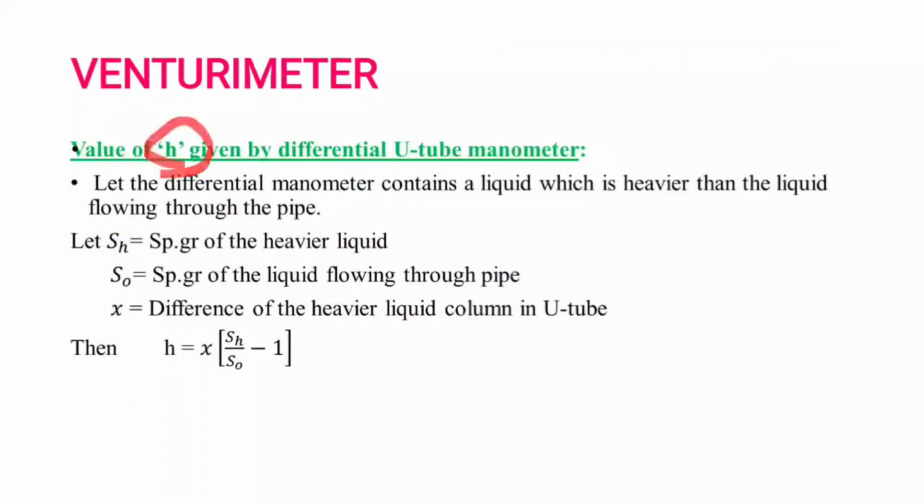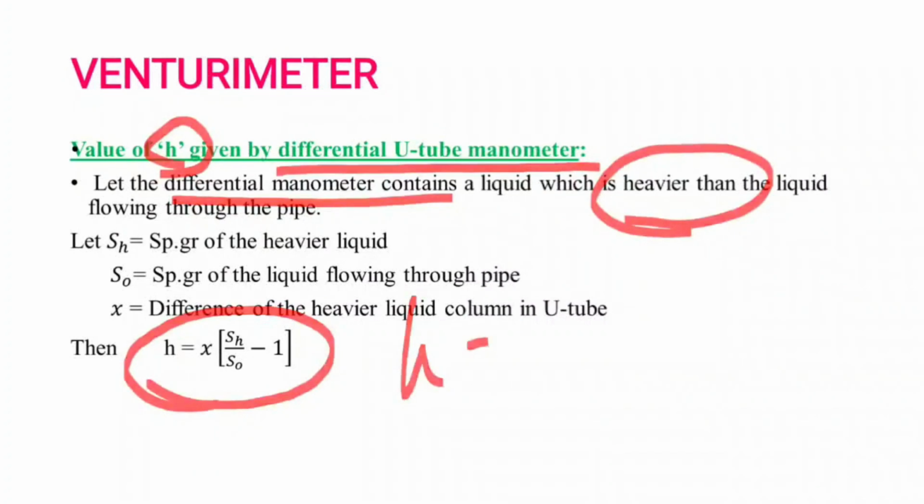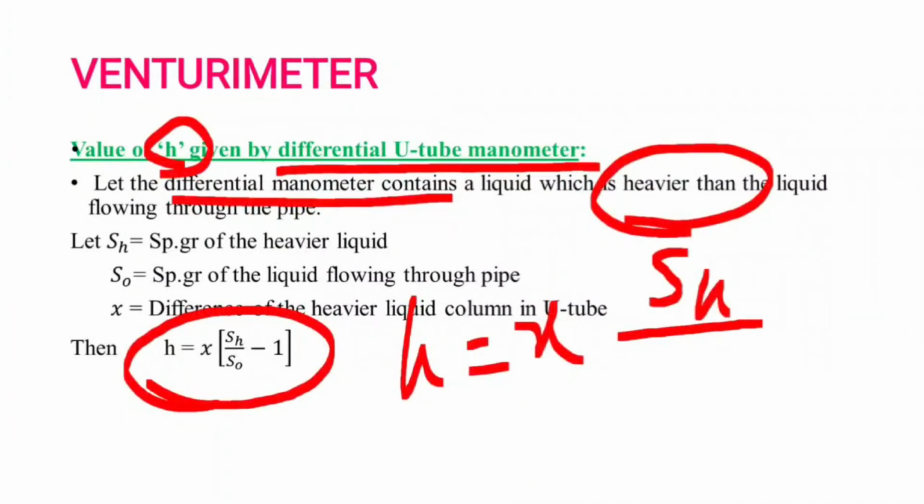For determining the H value, we have 4 ways. By using a differential U-tube manometer, let the differential manometer contain the liquid which is heavier than the flowing liquid, that is, the manometric fluid is heavier than the flowing liquid. Then H is equals to x into specific gravity of heavier fluid by specific gravity of flowing fluid minus 1.